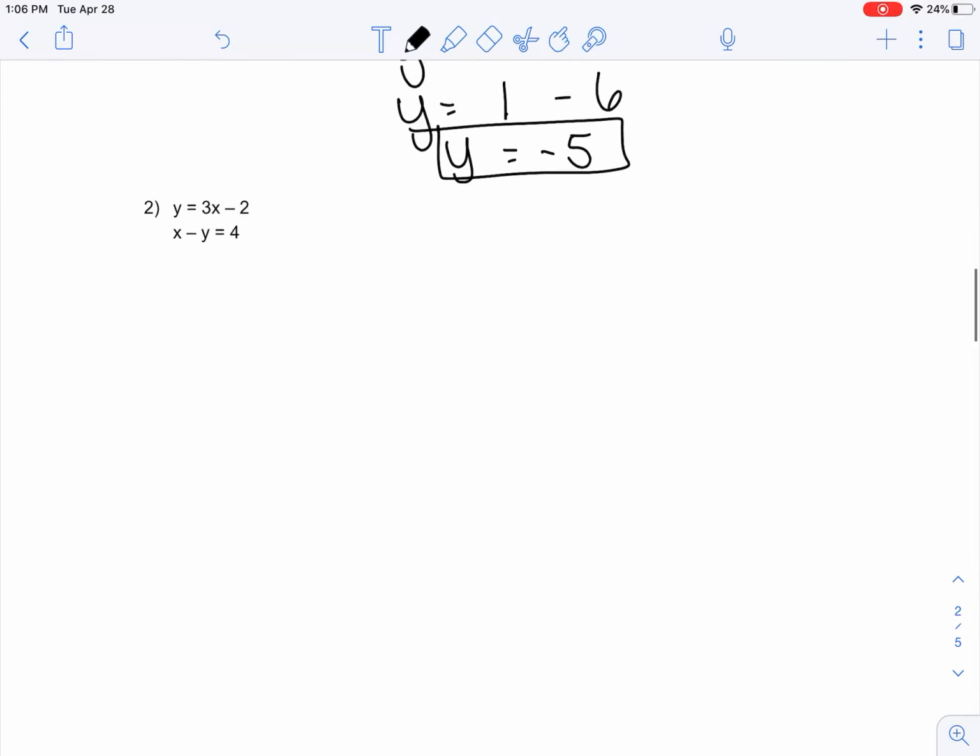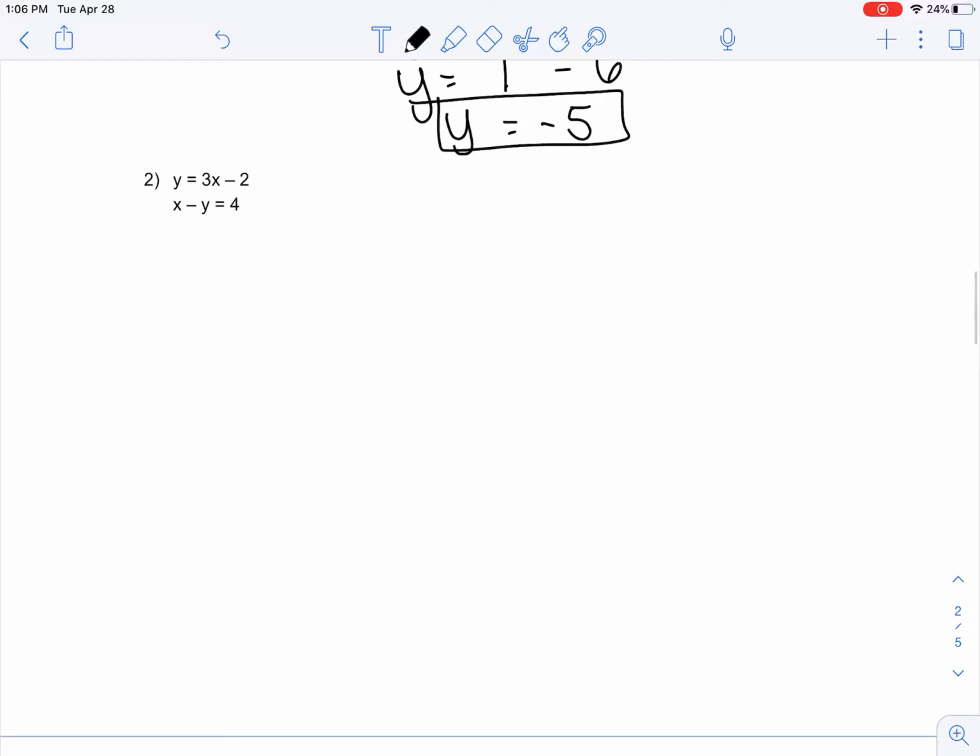Sometimes, though, only one variable will be isolated. So if we notice here, only the first y is isolated, which means we know that this entire value can be substituted in for y, which would look like this over here. X minus the whole quantity, make sure you put it in parentheses, 3x minus 2 equals 4. The reason it needs to be in parentheses is because we need to distribute this negative to both parts.